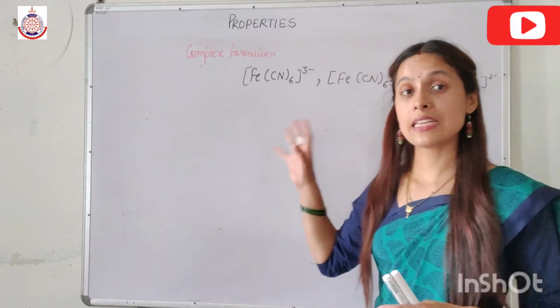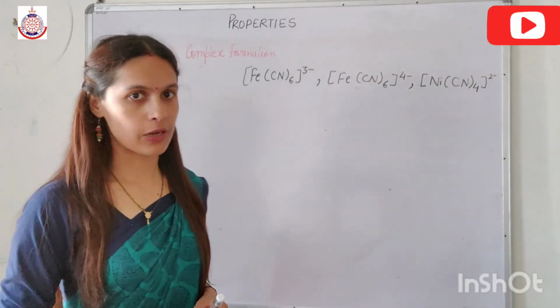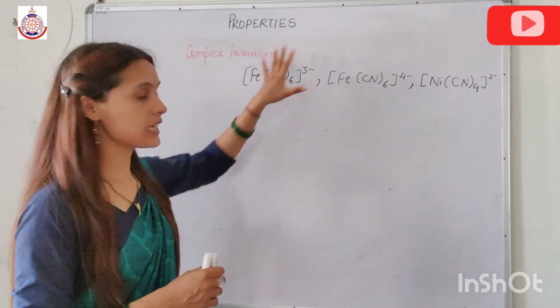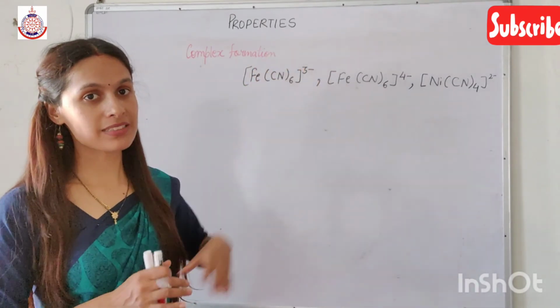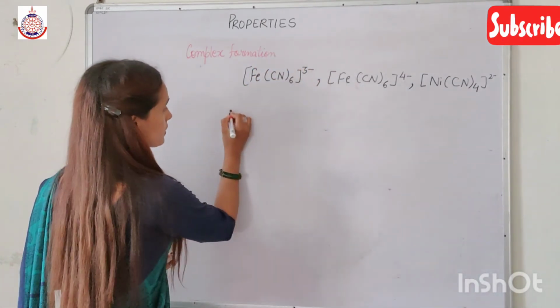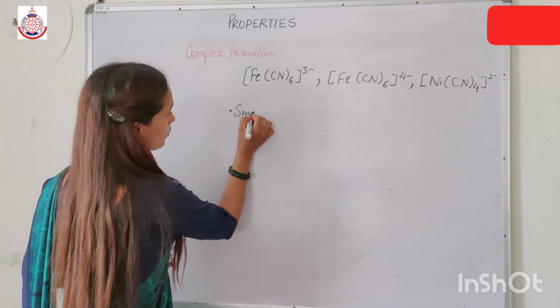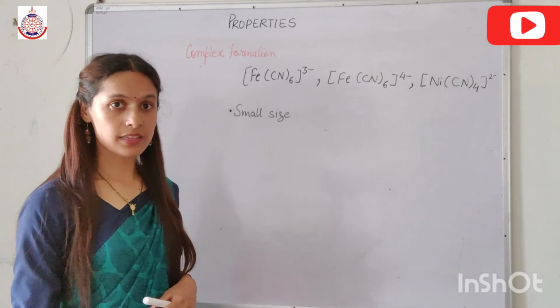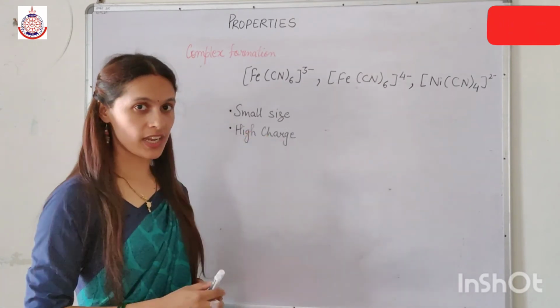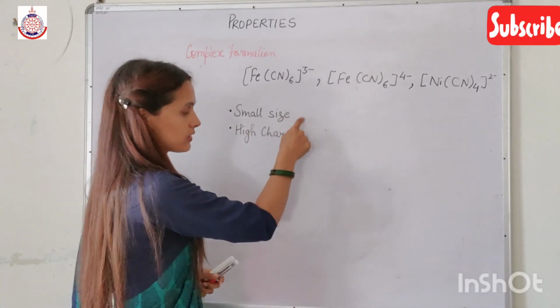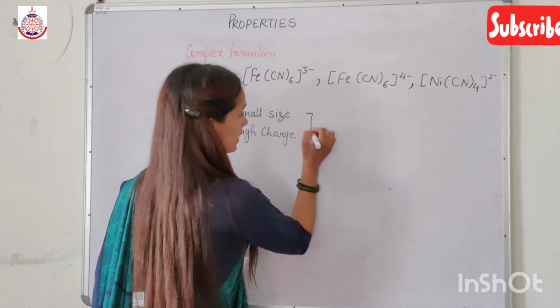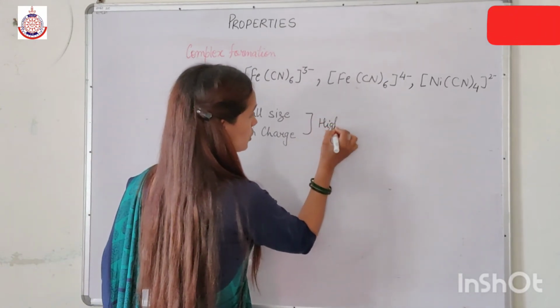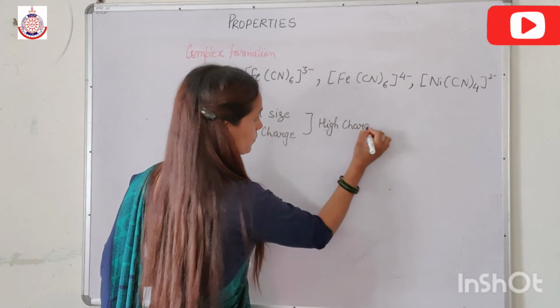Now, why do d block elements form complex compounds? The reasons are, first, size: they have small size. Second, they have high charge. Due to these two reasons, they have high charge to size ratio.